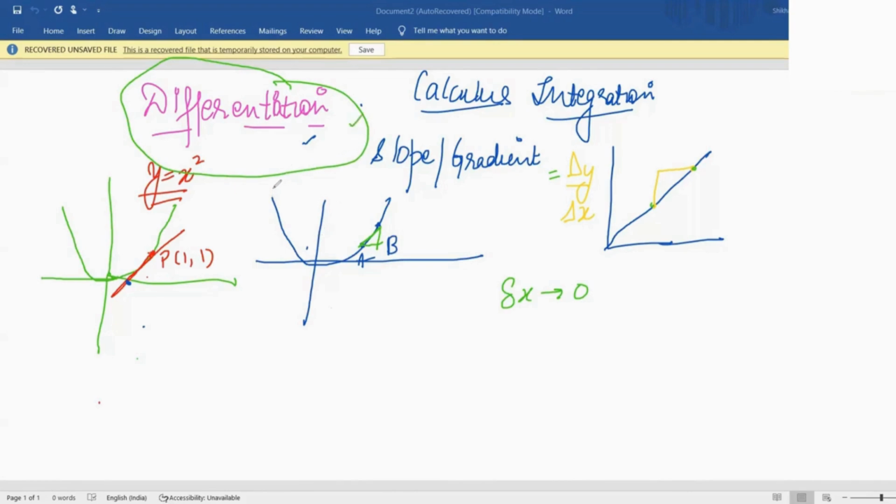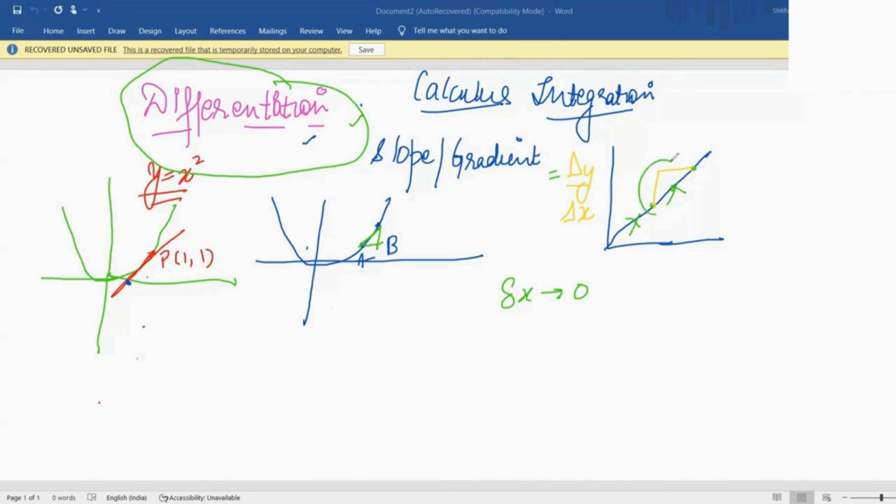When we want to find the gradient to a curve, I'm just taking a small portion of a curve, because if I find the gradient at any portion of my curve, that gradient will be the same at every portion. Like for this line, it doesn't matter which 2 points I use to find the gradient.